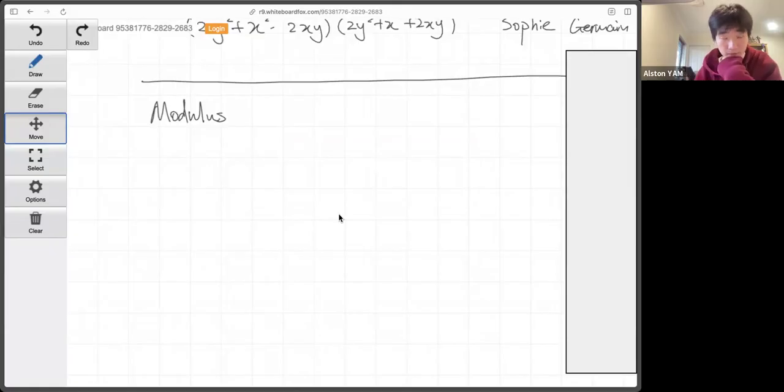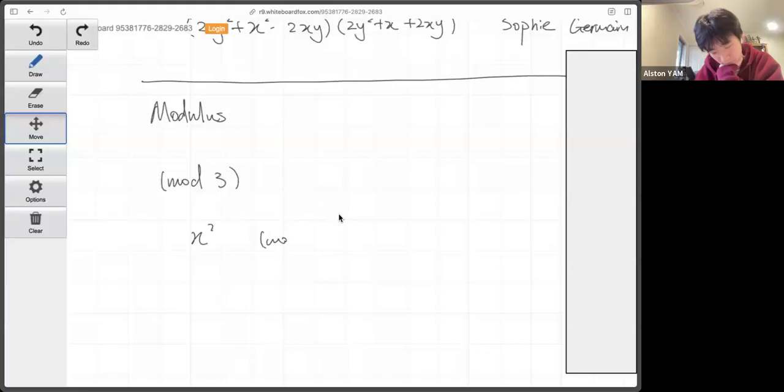The first thing is if we analyze the squares under a certain mod. If we think about it in mod 3, and we consider x squared under mod 3, then we might already know that x squared can only be 0 or 1 under mod 3.